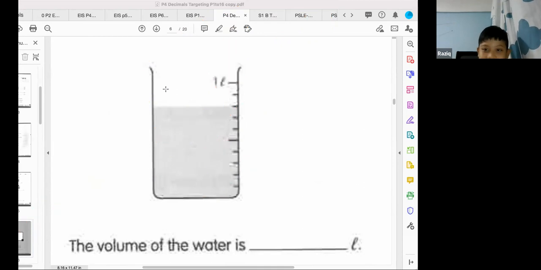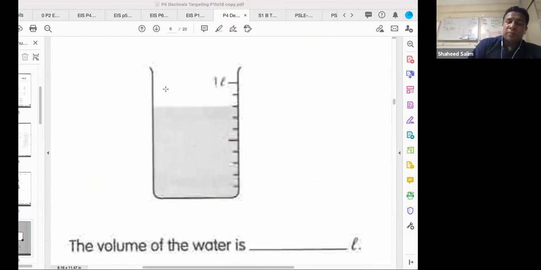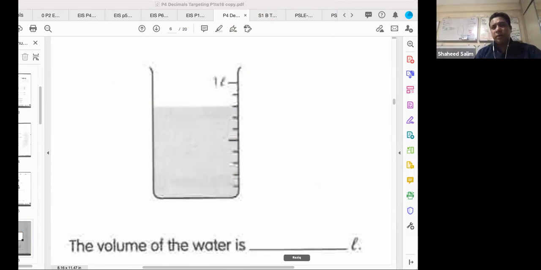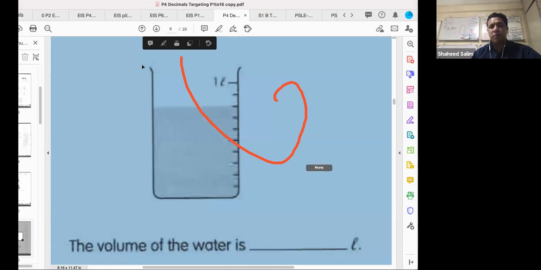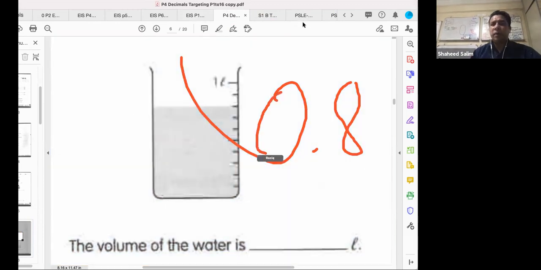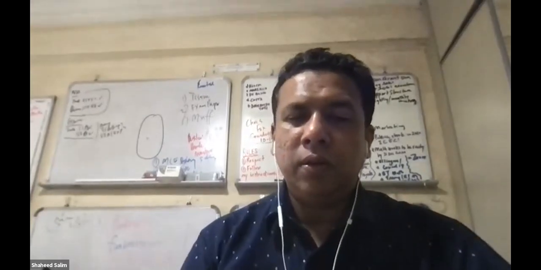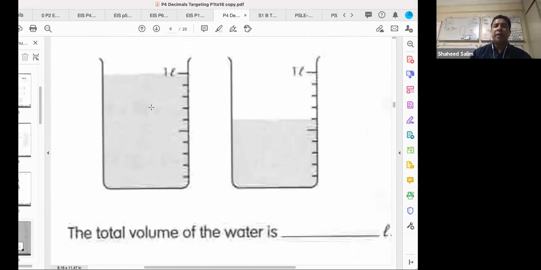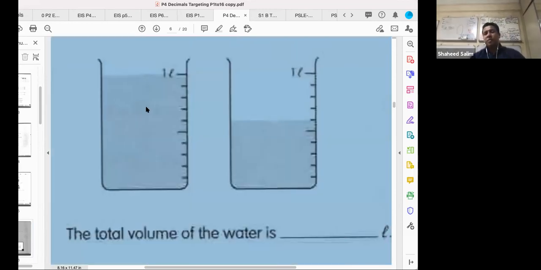Okay, we try. What is this one? Remember, it's not even 1 liter. Okay. Good, well done. You know why I cleared it that way? This one now. How much is this? Be careful.